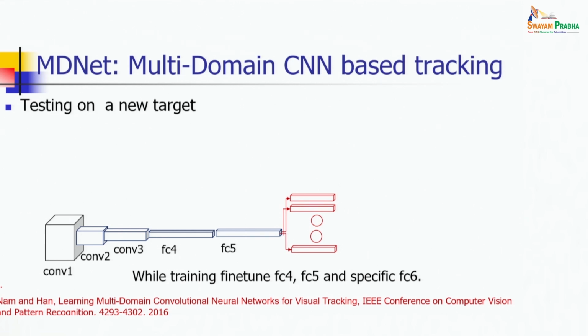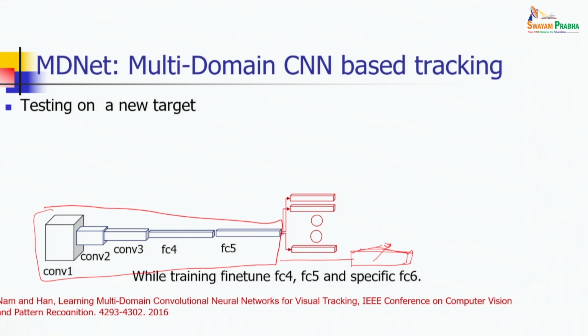When you are testing on a new target, what you should do is that this part, up to FC5, remains fixed, and you have to learn a new model for that target. You have to learn a new FC layer for the purpose of classification.